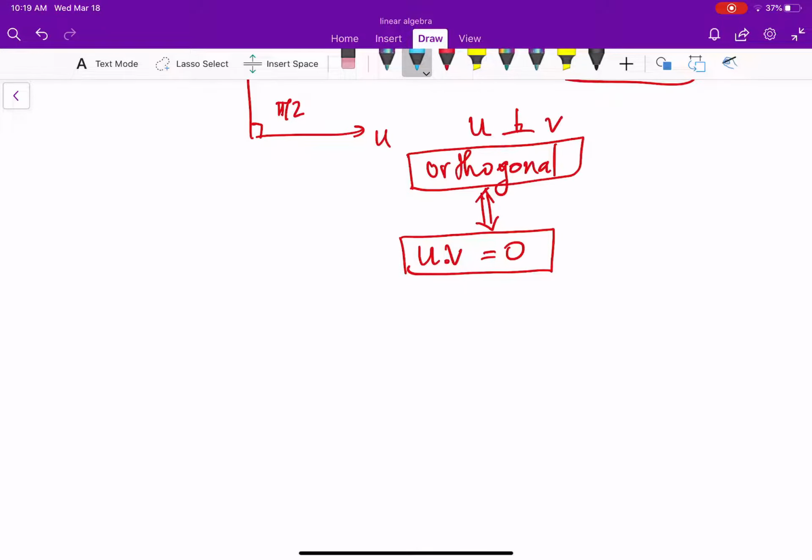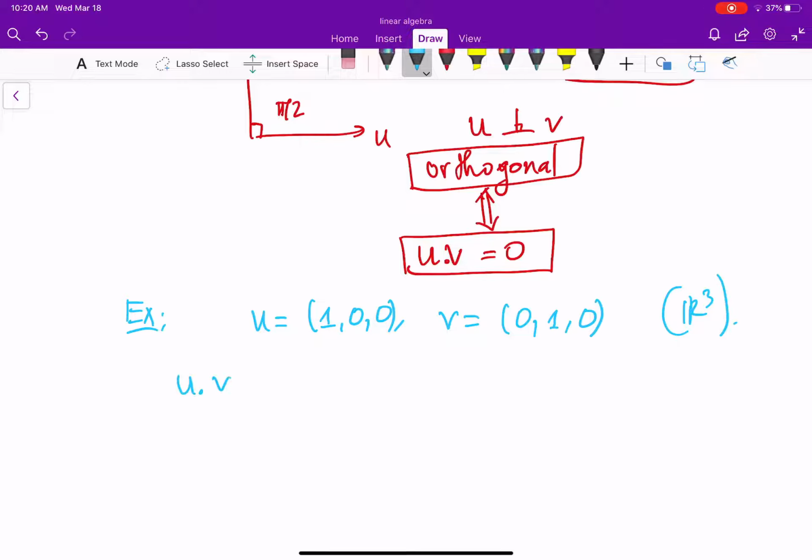Let's consider the following example. Like we have u equal to (1, 0, 0), and v is equal to (0, 1, 0). I hope you could recognize these two vectors, right? They are two vectors in the standard basis of R3. So it's obvious that the dot product of u and v is 0.